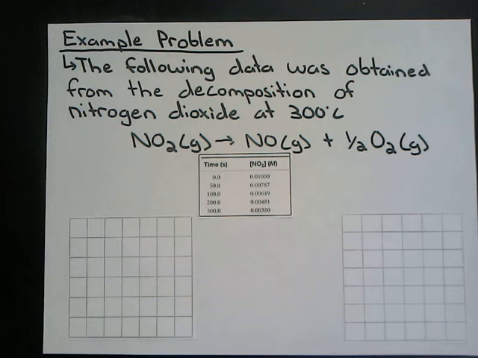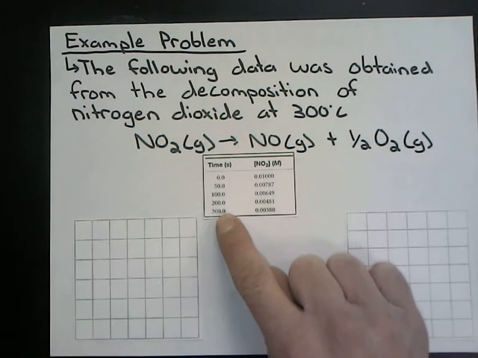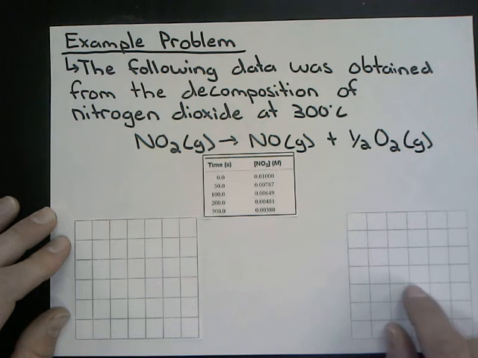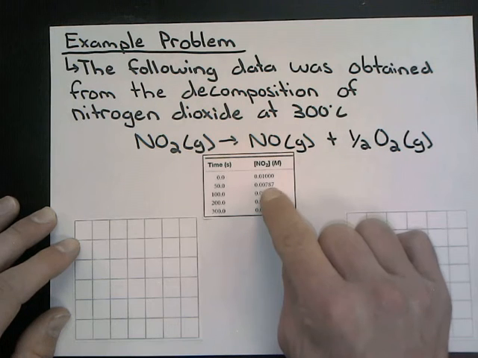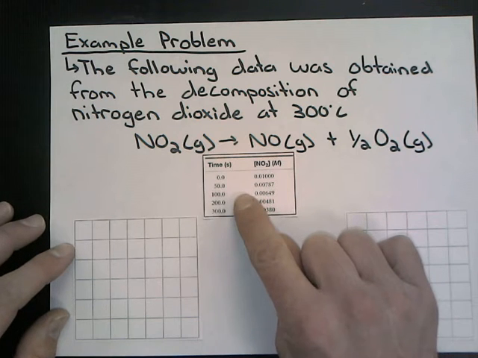So the way that we have to do this is we have to set up a graph that shows us the natural log of the concentration versus time for a first order reaction. And then we have to do the same thing for 1 over the concentration of NO2 versus time.